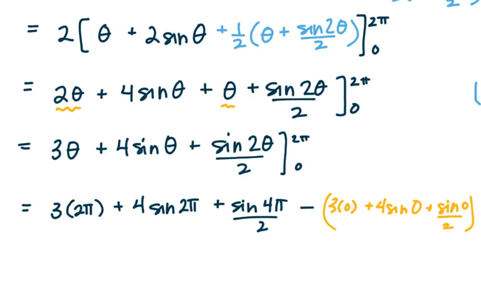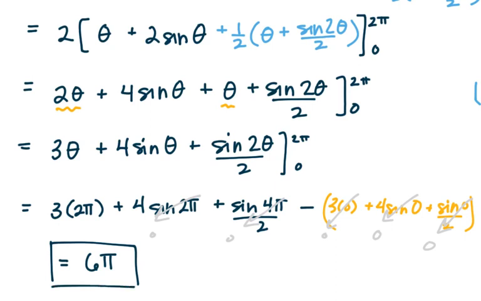And of course we know 3 times 0 is 0, so that's gone. Sine of 0 is 0, so those two terms go away. Sine of 2 pi and 4 pi are also going to be 0 terms. So our solution here is 6 pi. And that represents the area enclosed by that cardioid shape.